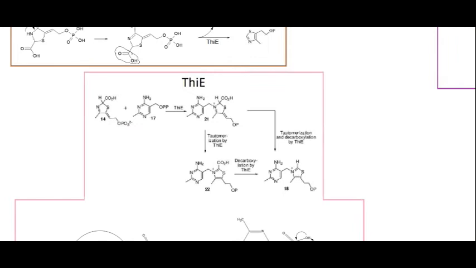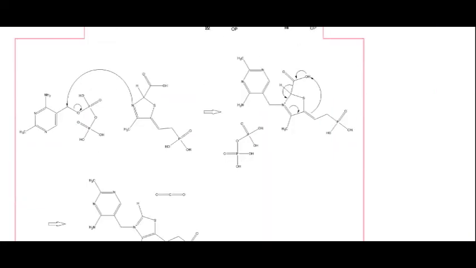THIE, we are going to bring the HMP-PP here, the HMP pyrophosphate, and our thiazole ring together to form this. Then this shows that it can tautomerize and then decarboxylate, or that it can happen all as a single concerted step. So I used ChemSketch to make the arrow pushing mechanism here.